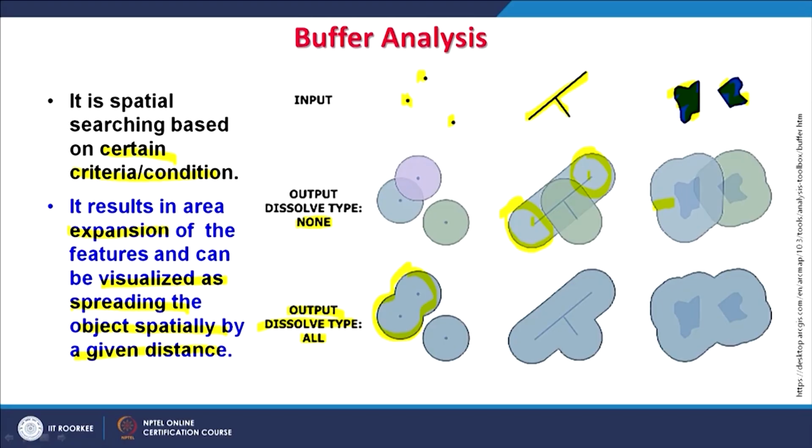And once we have this kind of polygon, then I can overlay this polygon over the revenue records and extract information about the owners of different plots below this buffer. So, overlay operations can be employed there also.